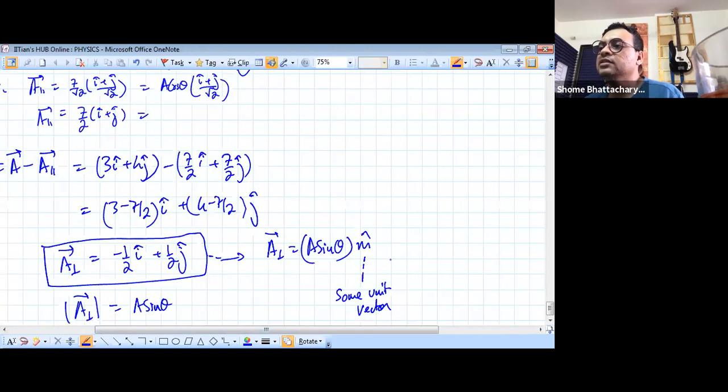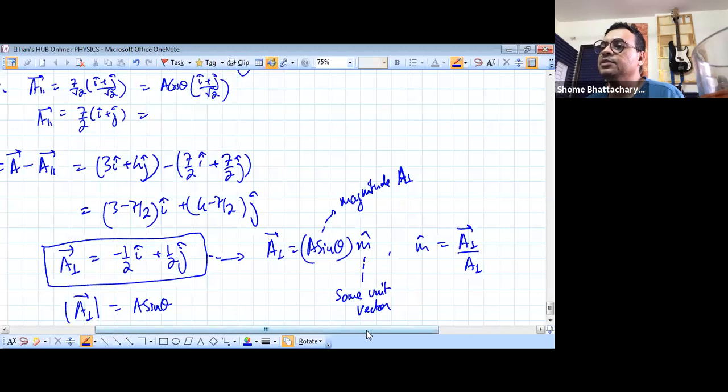So this unit vector is basically what now? It is nothing but this vector divided by its own magnitude. Okay, so this is the magnitude of A perpendicular into its unit vector. So any vector can be written as its magnitude multiplied by unit vector.